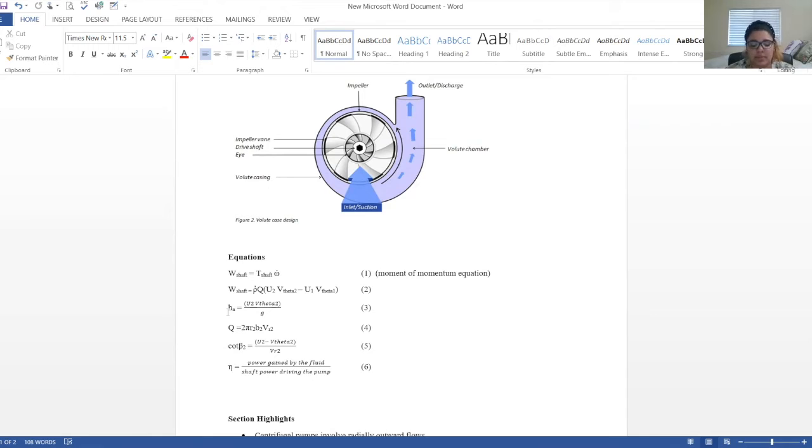But in this case, we have to keep in mind that this will always be less than the ideal head rise because of the loss in the pump. Equation 6 relates the overall efficiency of the process, which in this case is the power gained by the fluid divided by the shaft power driving the pump.